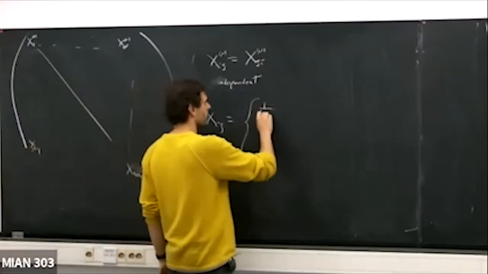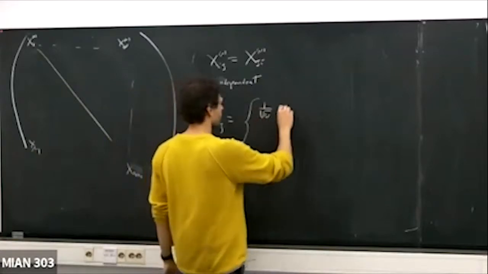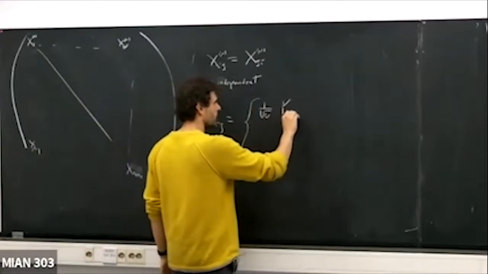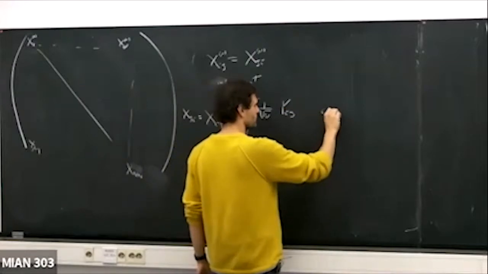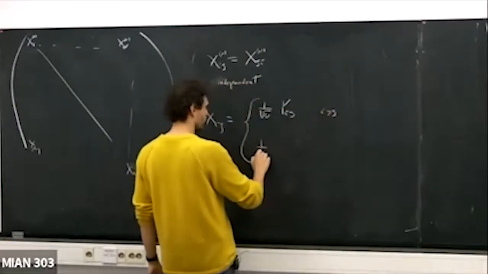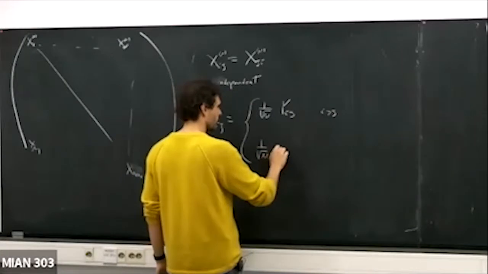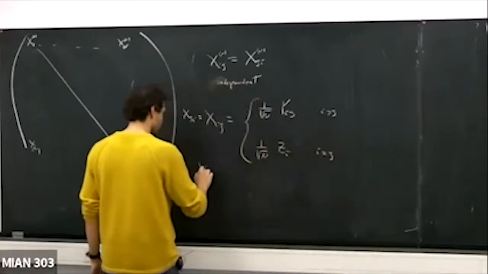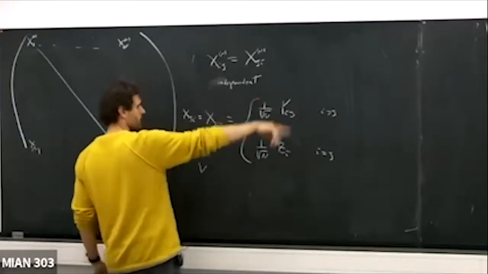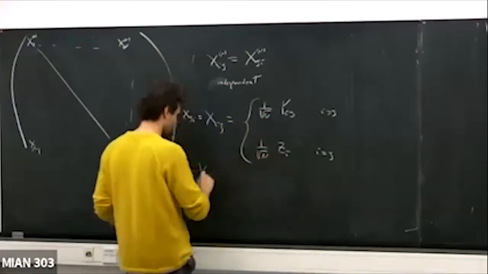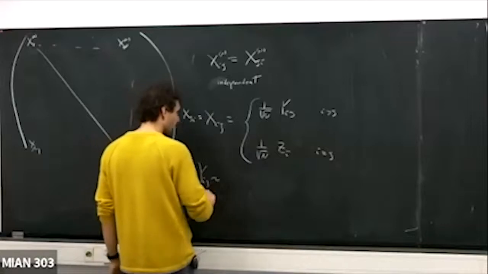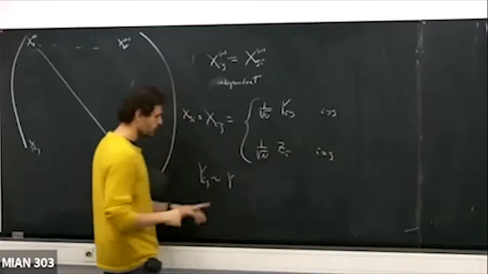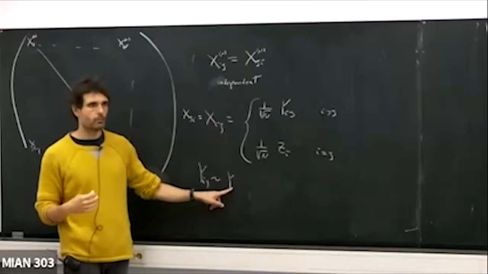So I will take xij equal to 1 over square root of n times yij, if i is more than j, and 1 over square root of n times zi, if i is equal to j. And so these are all independent. But the yij all have the same law, some random variable y.